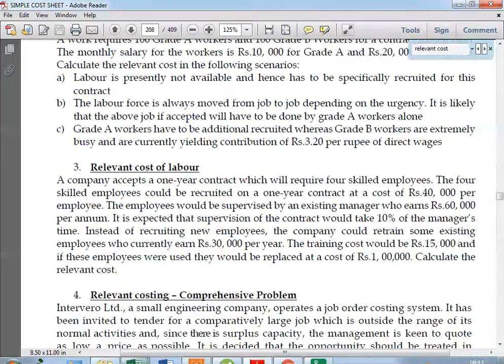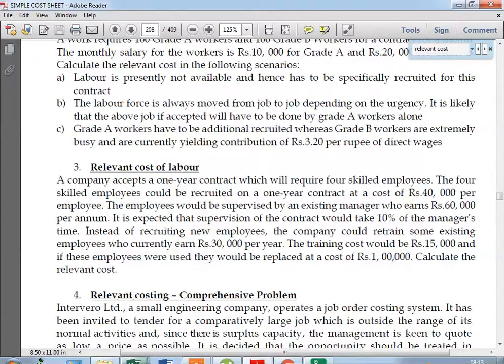Full stop. They would be paid rupees 1,20,000.